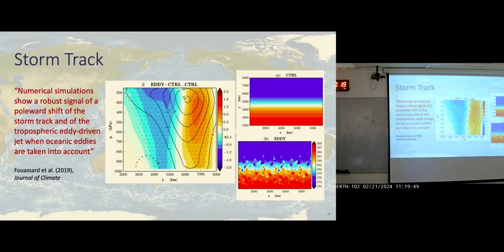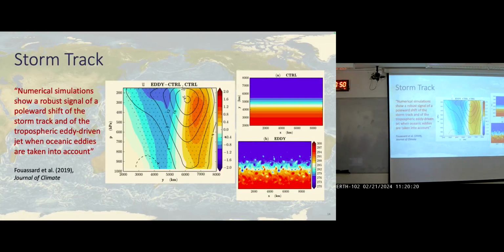The scales here are more or less mid-latitudes to poles, so they try to imitate the average zonal temperature gradient. In the eddy case, it's the same average zonally, but they also include the effect of eddies.